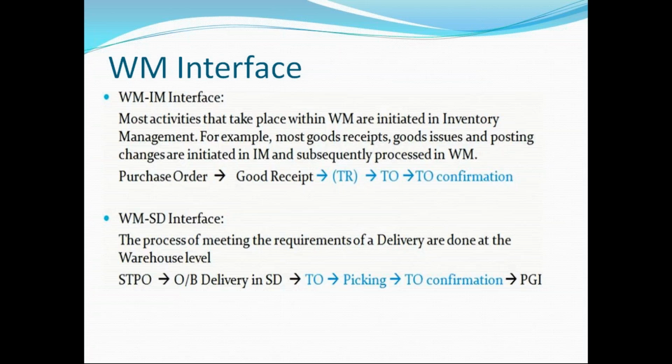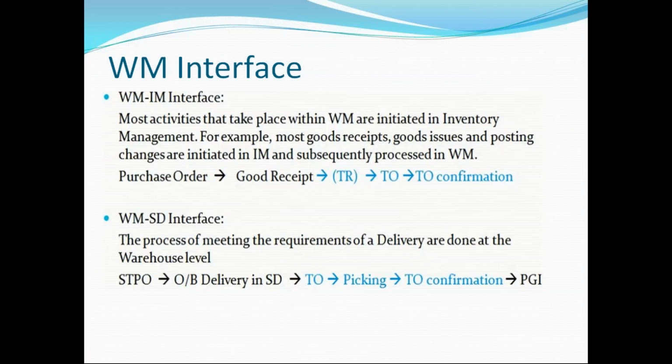After the goods receipt posting, the IM posting ends there. After that, the TR creation happens, which can be done manually or automatically. Then from the TR, the TO will be created using transaction LT04. Once the TO is created, the TO confirmation happens and the material will be put to the final destination.